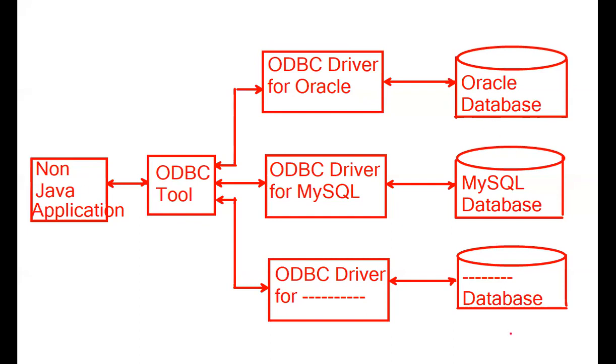While connecting, they connected the application to this tool. In the tool, they selected the database with its driver. Connecting to Oracle, they selected ODBC for Oracle. Connecting to MySQL, they selected ODBC for MySQL. So for every database, there is a separate driver.